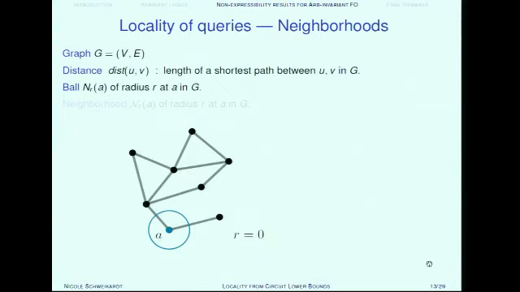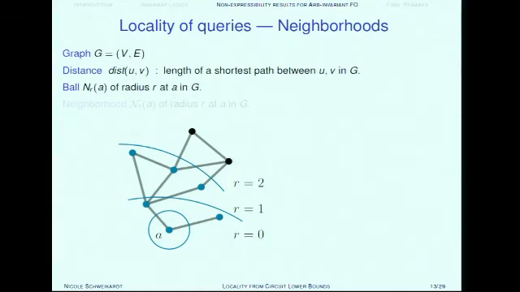The distance between two vertices is the length of the shortest path between them, and then the R-ball around a vertex is just the set of vertices of distance at most R. One thing that I will use later on in the proof is that I will also look at shells or spheres.